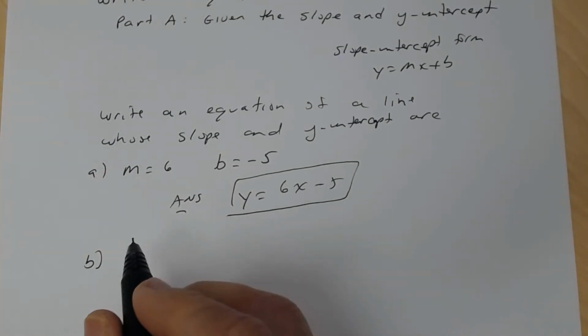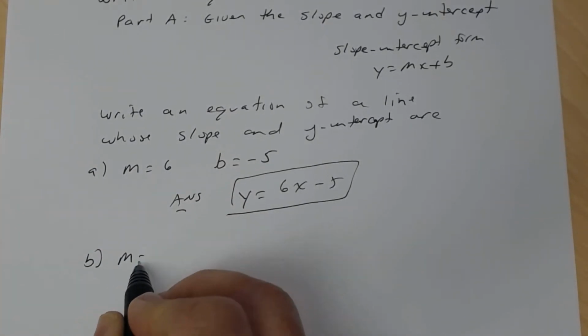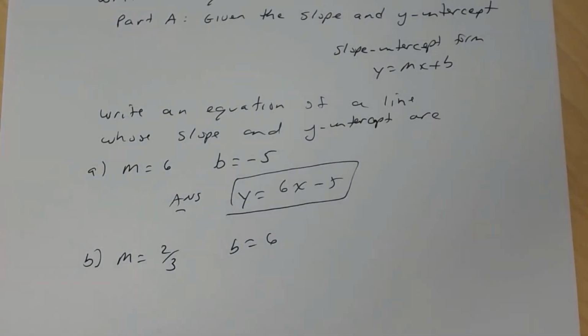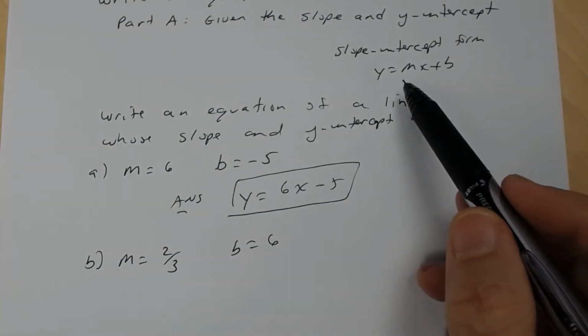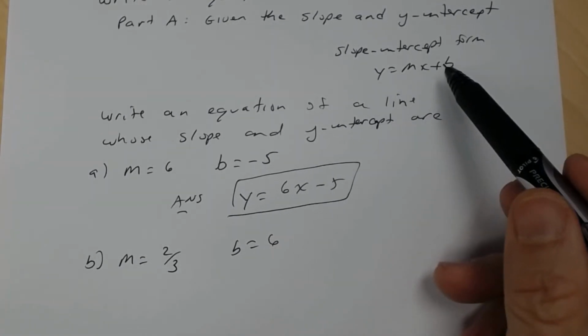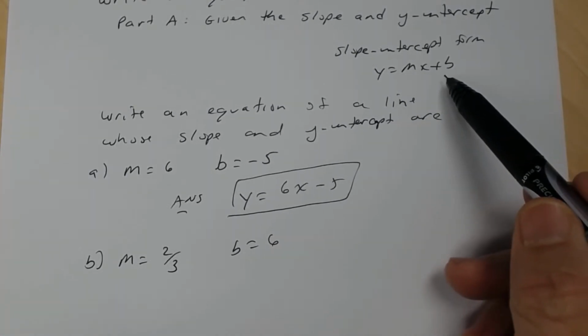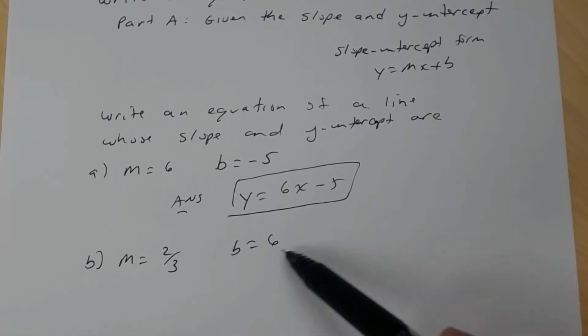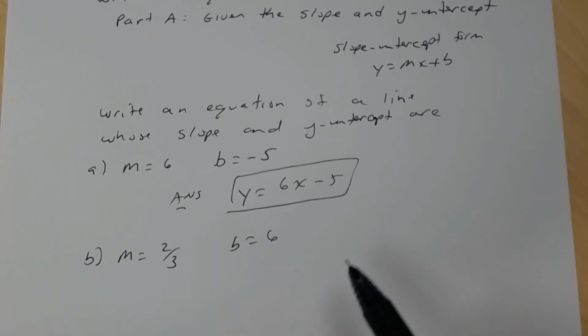All right, part B. Let's suppose in part B we had the slope equals 2/3 and the y-intercept is 6. If I want to use slope-intercept form right away, I need to know the slope and the y-intercept, and I do. The slope is 2/3, the y-intercept is 6, and you just plug in, and you're done.